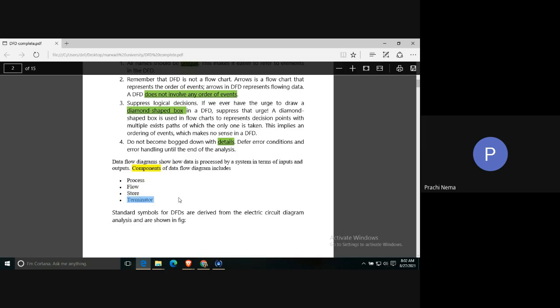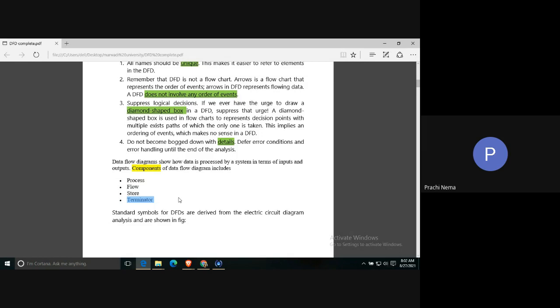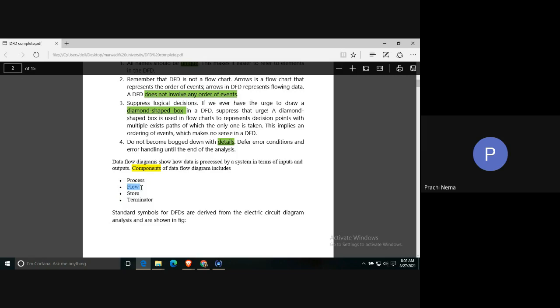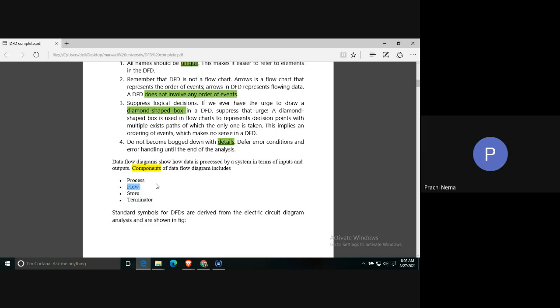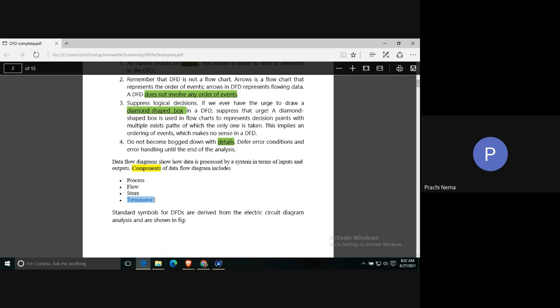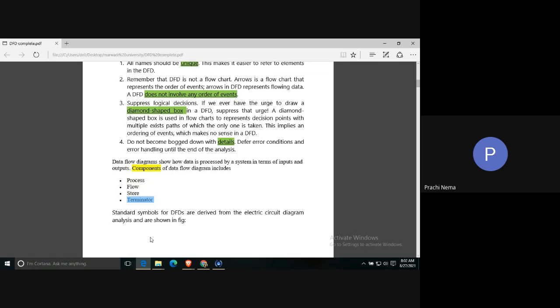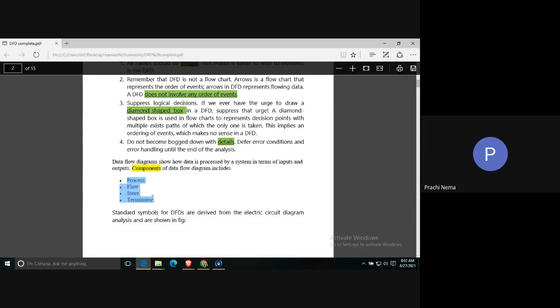Terminator is the terminator of data. Data is going to flow within the whole system, but you need to generate the data from somewhere and end it somewhere. So the generating point and the end point are going to be the terminators. It can be a source or a sink. We will see this when we look at all the symbols used for these four components. So these four components together make up a DFD.